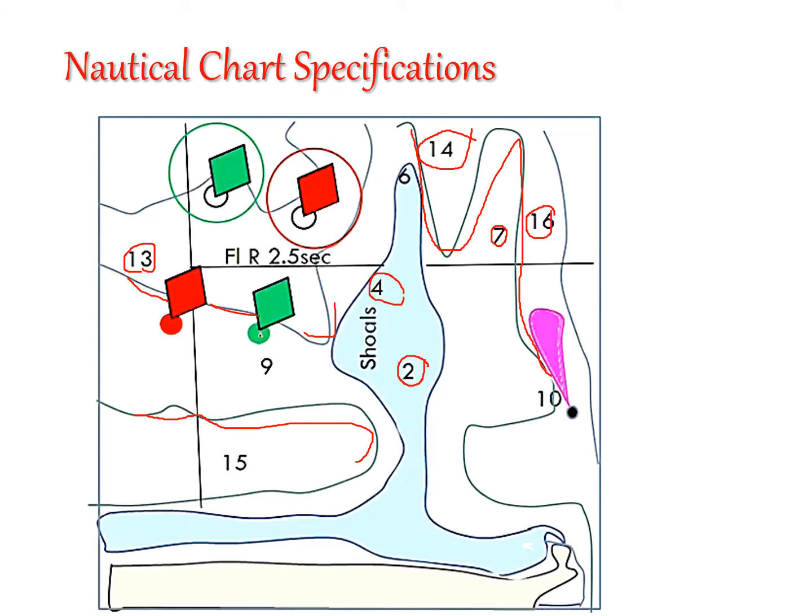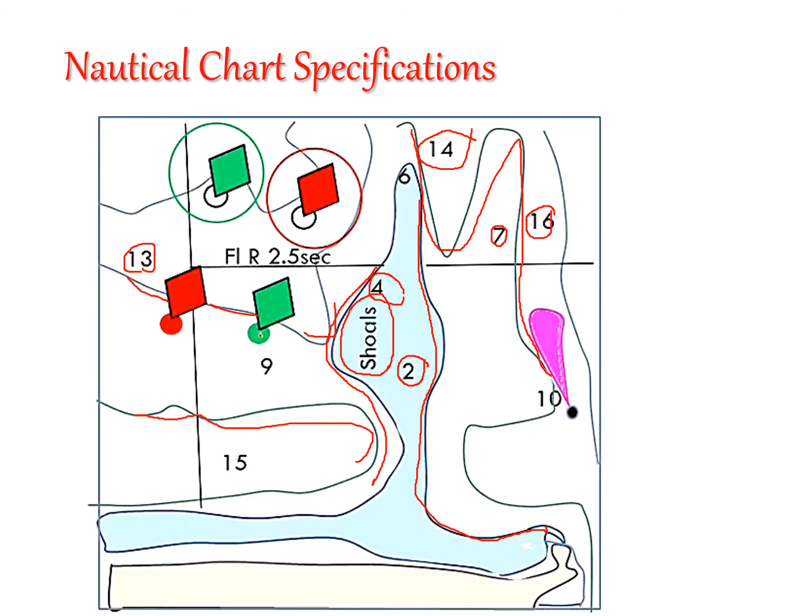Here, with a different color, enclosed between this line, this indicates a shallow water depth, and there are some shoals, that means some unconsolidated deposit developing in this particular region.